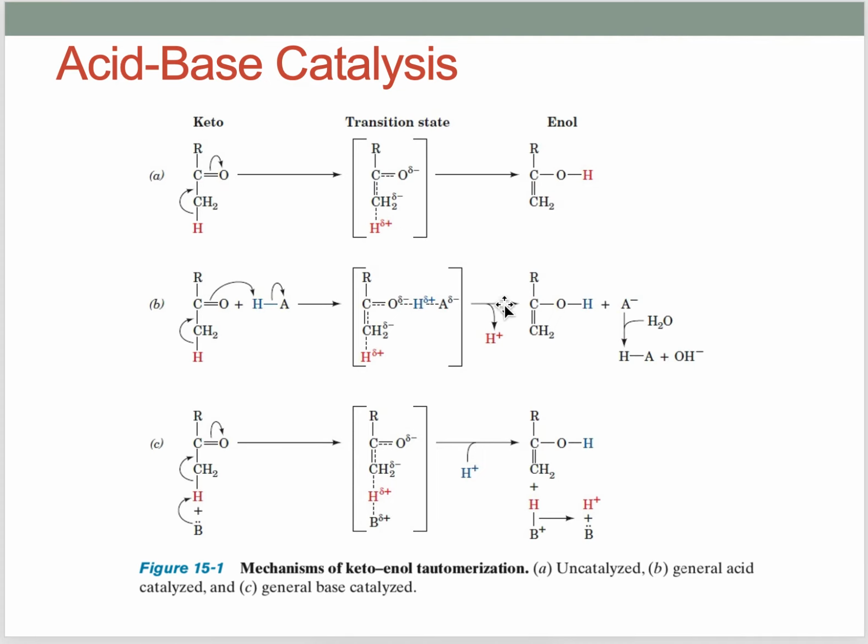If we look at the structure, it looks like this proton is transferred to this oxygen. Or we can say that this bond needs to be broken, so this hydrogen will get released and one hydrogen or proton will join with the oxygen, thus enol will be formed. So without any catalysis, this reaction rate will be very slow.